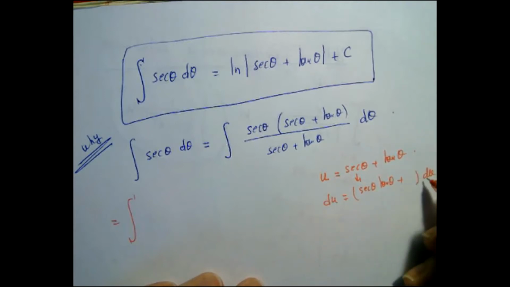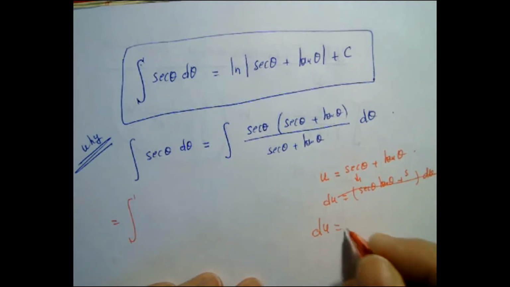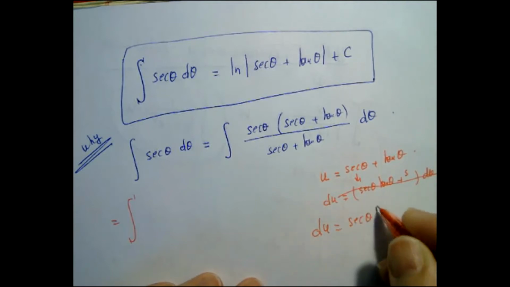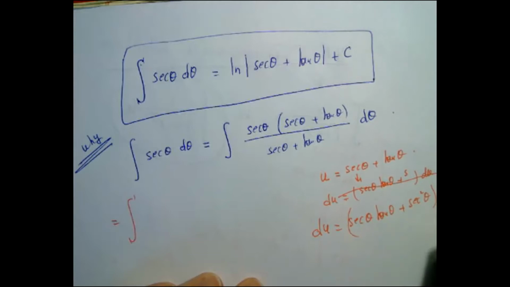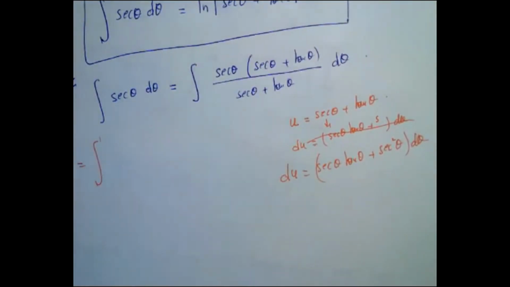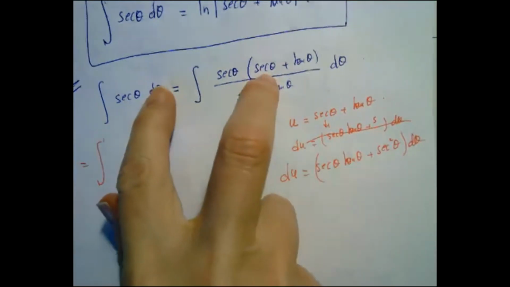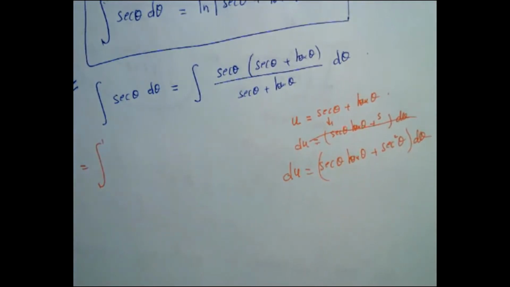The derivative of tangent, sorry, du equals secant tangent plus the derivative of tangent, which is secant square d theta. All right, does this substitution help? I know it's a trick. I'm not expecting you to think about it. I probably didn't think about it, but somebody is bright enough to think about it. Why do you think the substitution will do the job?